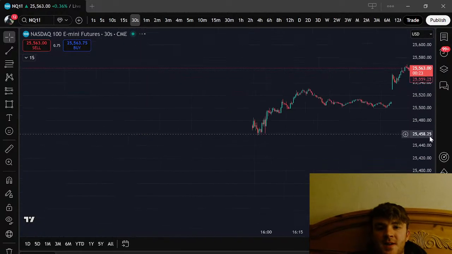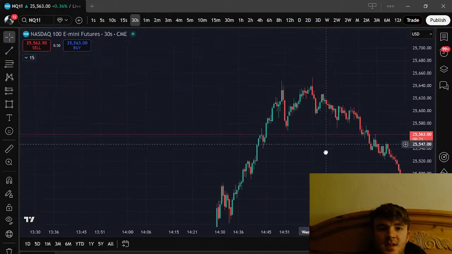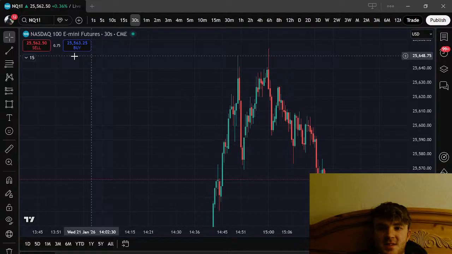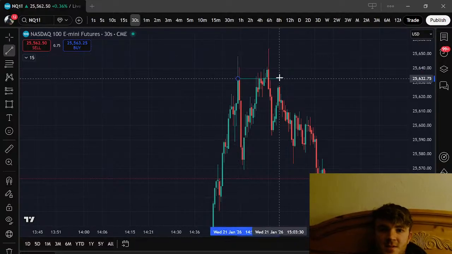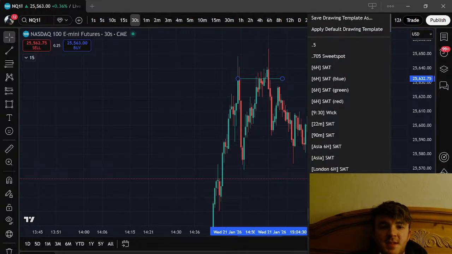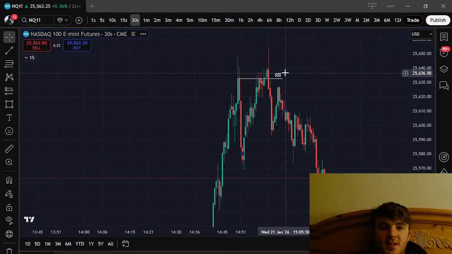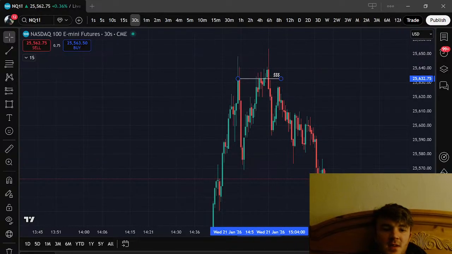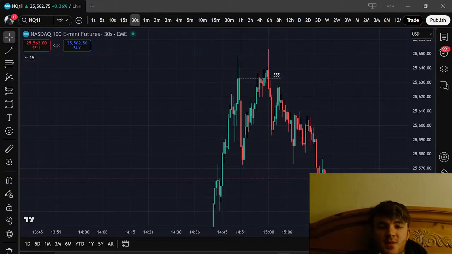What I'm talking about is we obviously had a sweep of these highs, and then displacement lower, and then a fair value gap forming probably around equilibrium.